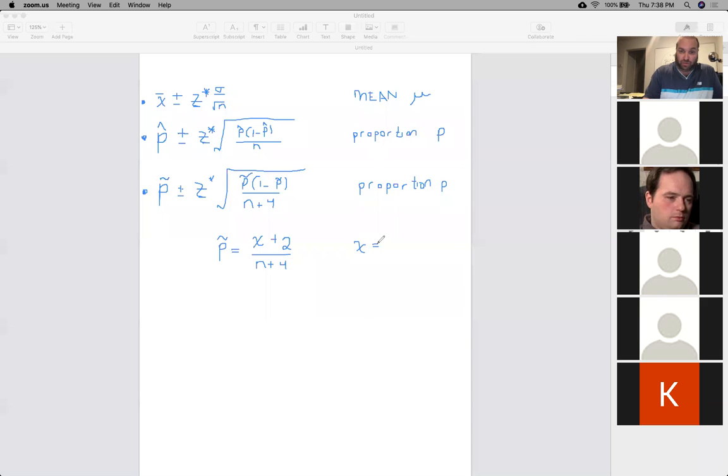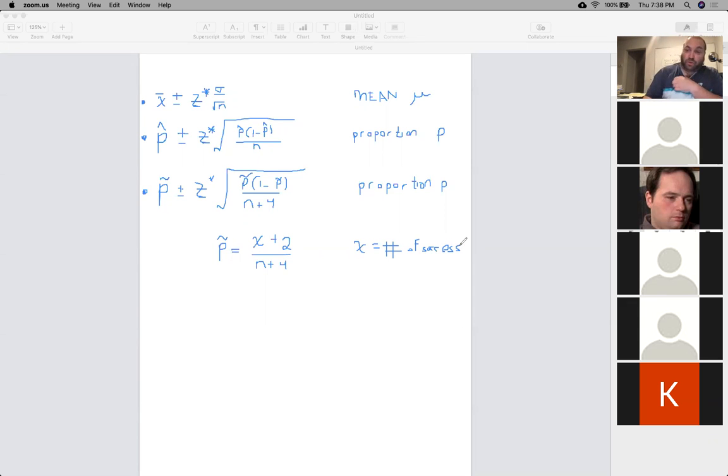X equals number of successes. So for example, if Anthony Davis shot 40 for 41, then what is X?